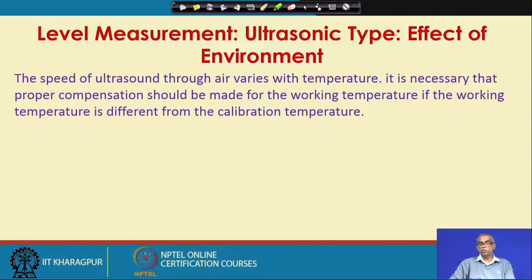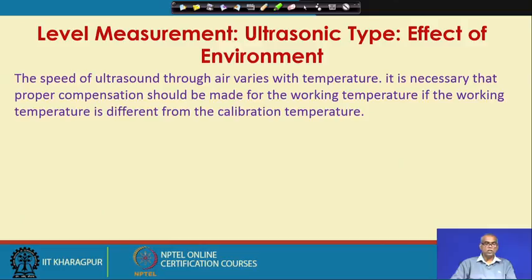Now, let us talk about the effect of environment on the measurement of level using an ultrasonic type level gauge. As we discussed, the speed of ultrasound through air varies with temperature. It is necessary that proper compensation should be made for the working temperature if the working temperature is different from the calibration temperature.